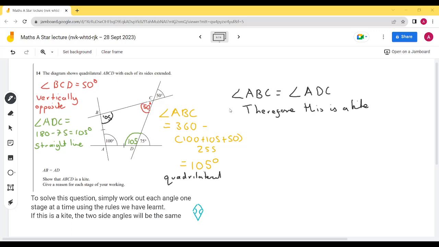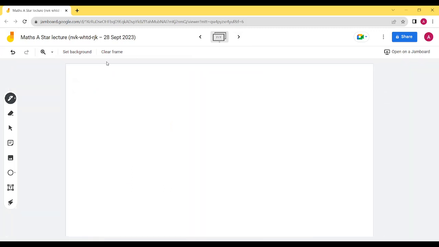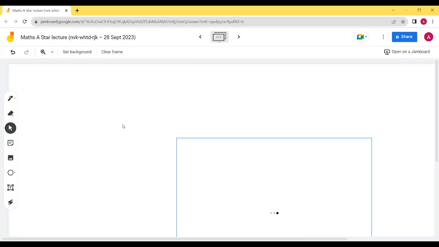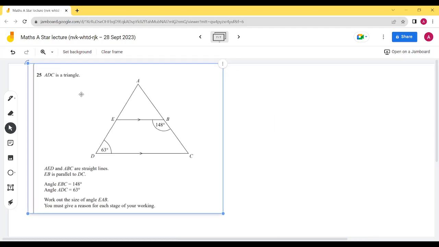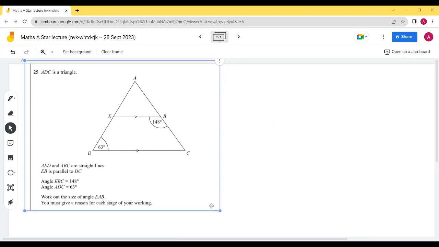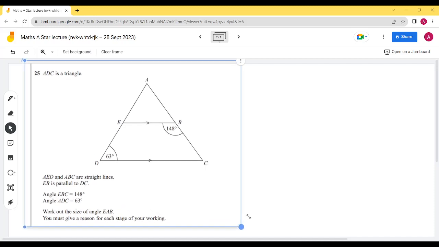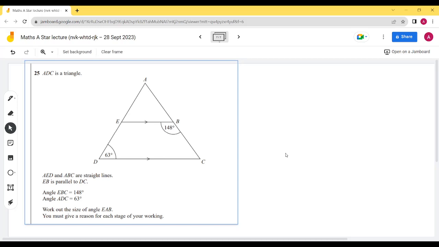We're going to look at another couple of questions here. So we've got ADC is a triangle.